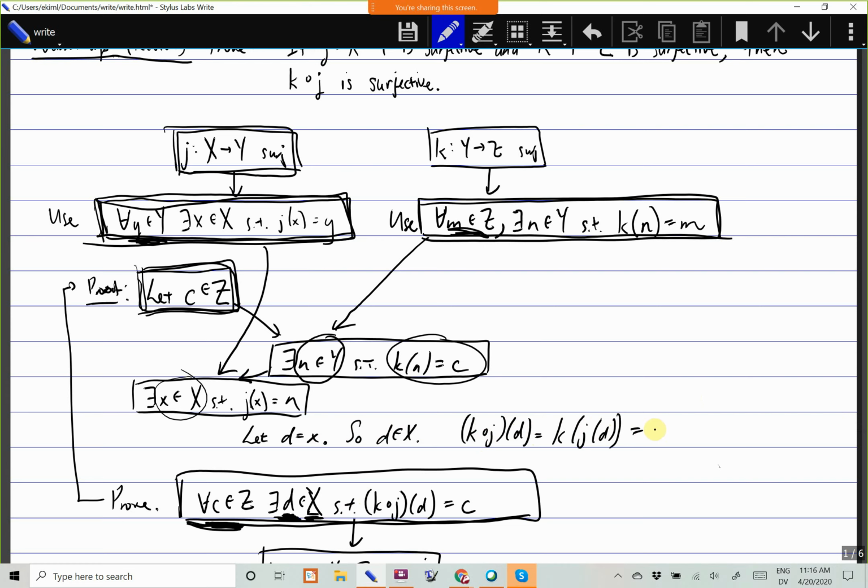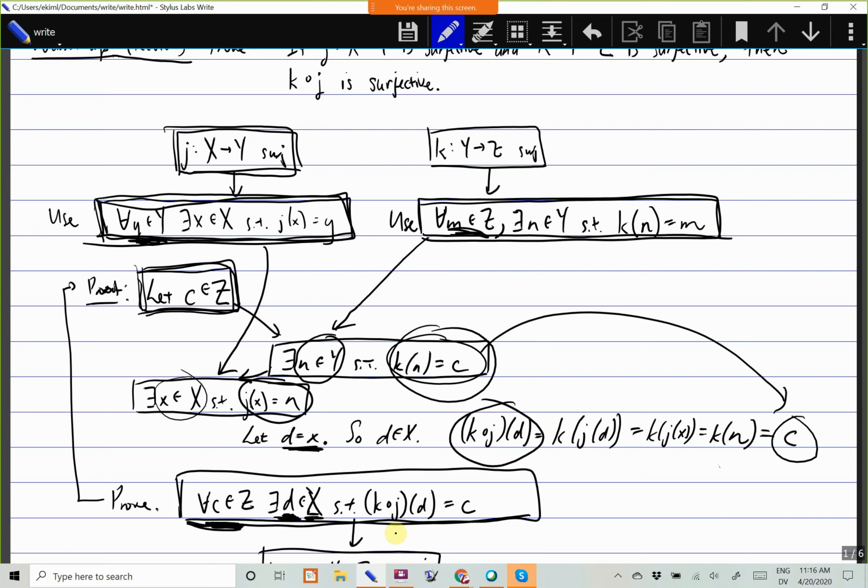This becomes k of j of x, because every little d is little x, that's how we defined this. Then I'll write the k of part. This in the middle was j of x, and what we have over here is n, and then k of n from what we have right over there becomes c. So this is our proof that k compose j of d does end up equaling c.